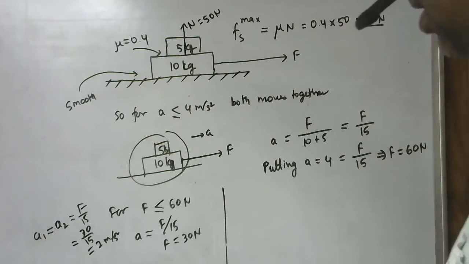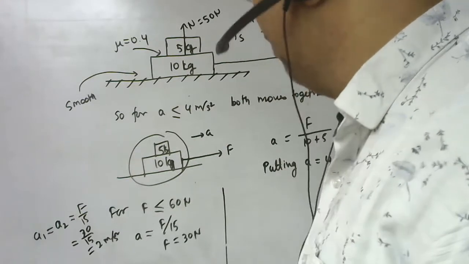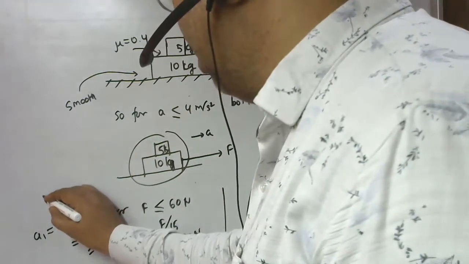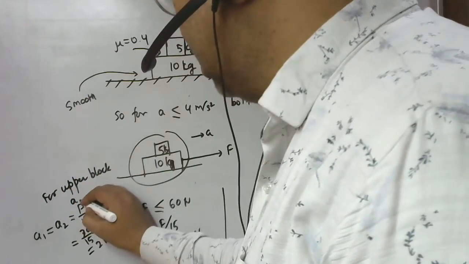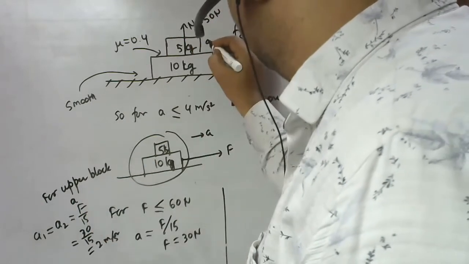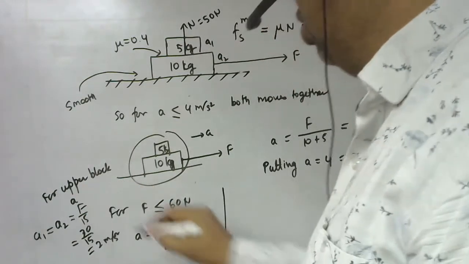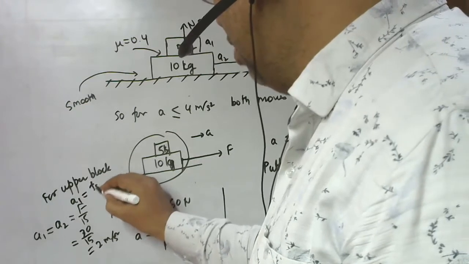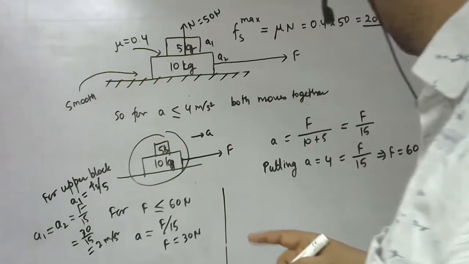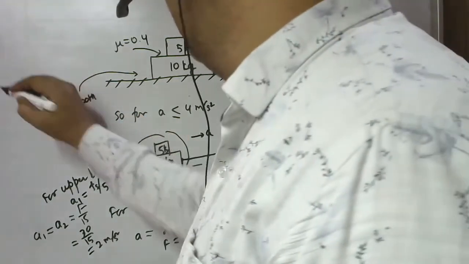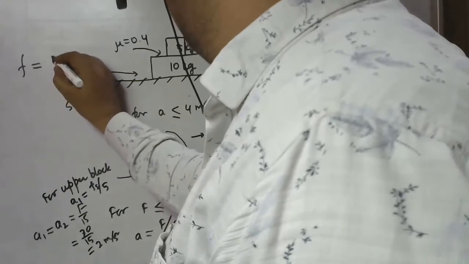Now for friction, as I've told you, the upper block is at the mercy of friction to accelerate it. For the upper block, its acceleration is A1, this is A2, so the acceleration is 2, and it is equal to Fs by its mass 5 kg, because I have written for the upper block that it is at the mercy of the friction, equal to 5a.